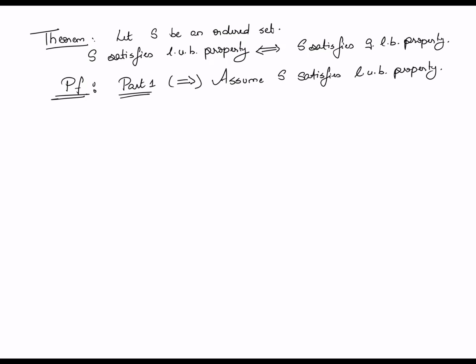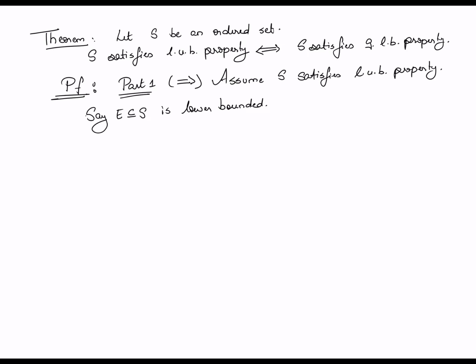Now again, suppose that I have a subset E of S which is lower bounded. In order to prove that S satisfies the GLB property, I need to show that for any subset E of S which is lower bounded, there should be a greatest lower bound, or infimum.